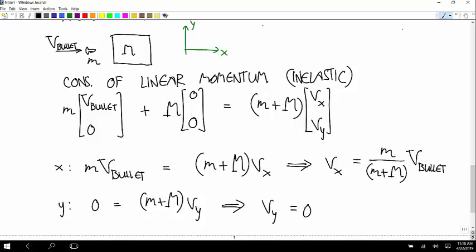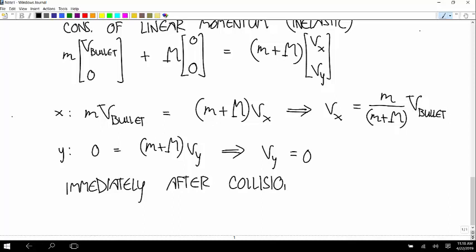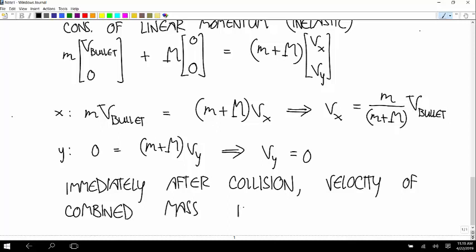Okay, so immediately after the collision, the velocity of the combined mass has an x component of m over the quantity m plus big M times V bullet, and then 0 for y.